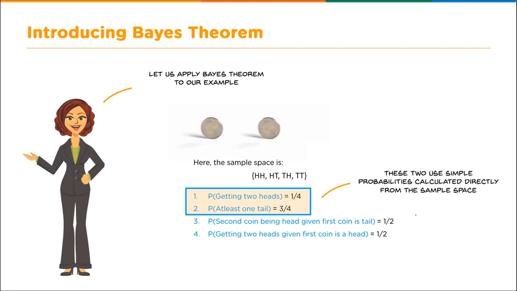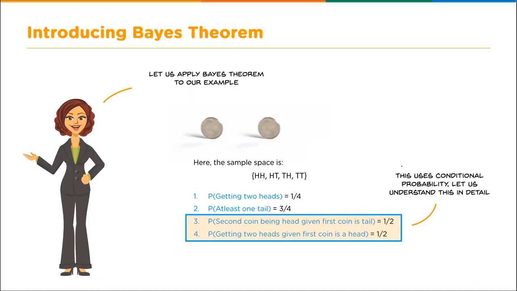Now we'll take the same example of how we found the probability. We calculated the normal probability for these two events: getting two heads, which is 1 upon 4, and at least one tail, which is 3 upon 4. The second two events are a little complicated and use conditional probability.